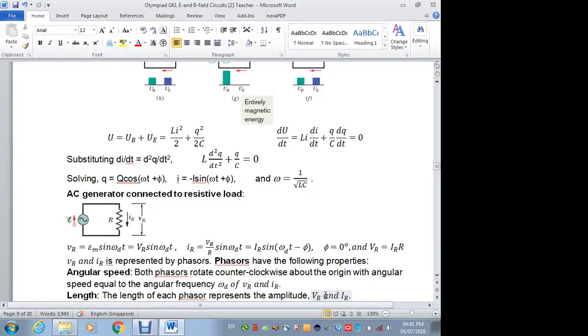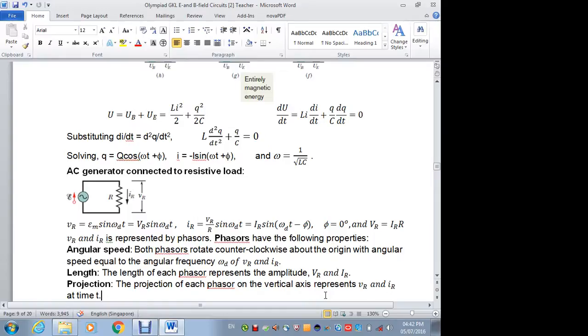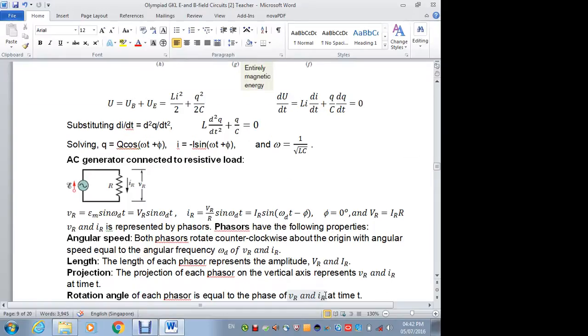The length on the y-axis represents the magnitude of small i, and this will change, whereas the length of the phasor doesn't change. Later we'll go through the projection.